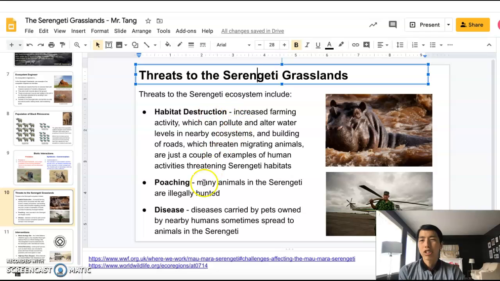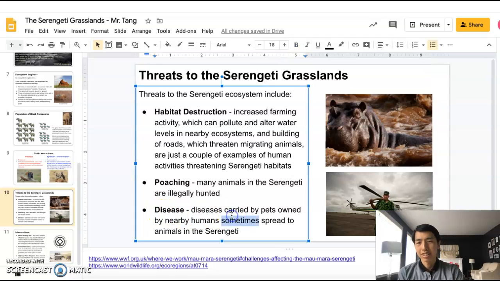Notice how I tried to include words that were from week 6, such as habitat destruction and illegal hunting. Actually, diseases, I don't think was listed in the week 6 material. So maybe I should have picked a different one than diseases.